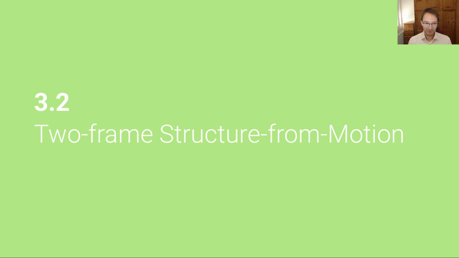In this unit, we're going to discuss two-frame structure for motion, which is the most basic setup where we're given just two images taken from different viewpoints, and we want to find the relative motion between the two cameras, as well as the location of the 3D points that correspond to the projections that we observe in the images.